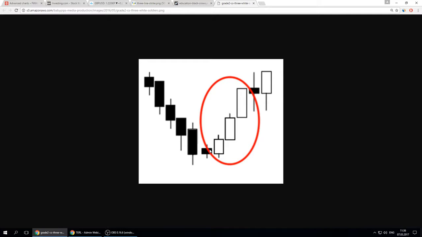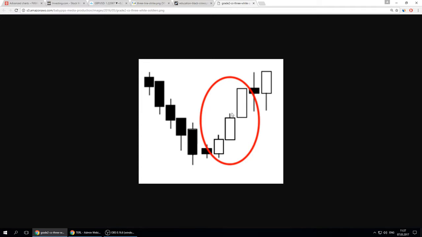They also can appear after a period of consolidation, and in this case they are usually not considered a strong bullish signal. So if you notice them at the bottom of the downtrend, 3 white soldiers can show that the trend has changed, and the bulls now dominate the market.